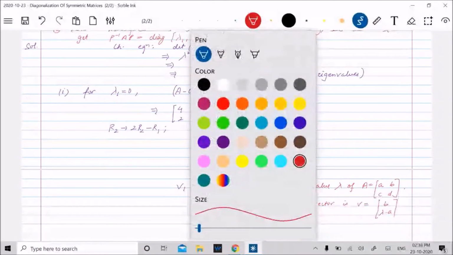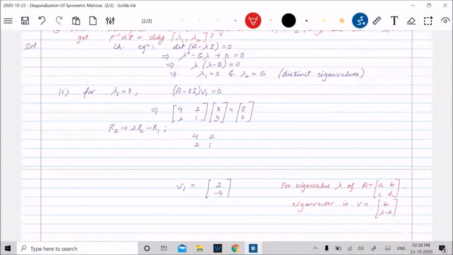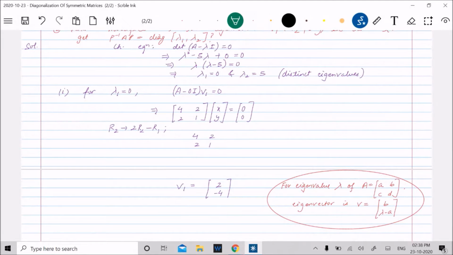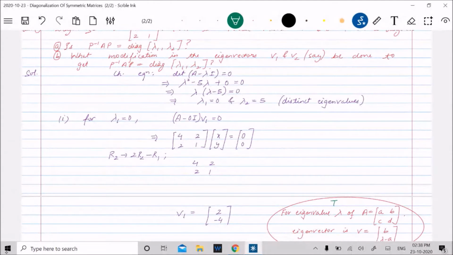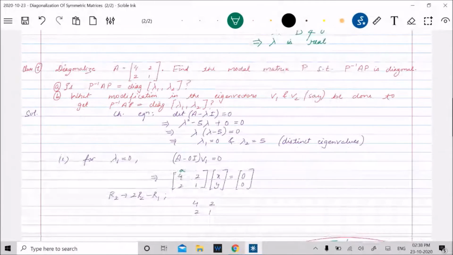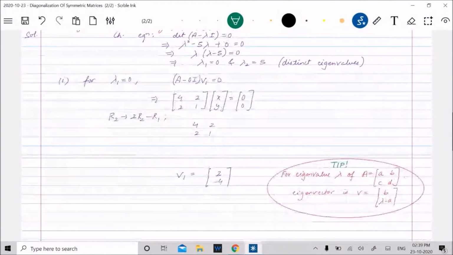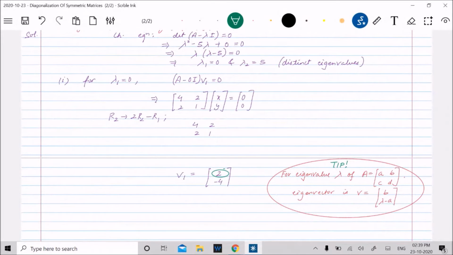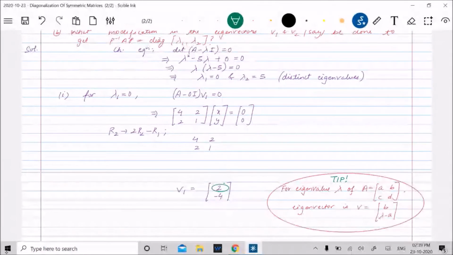Right, so I will just box it. That's why I've used the formula. I know that this is A, and this is my original matrix, and this is my B. So using this formula, I wrote B here, and lambda minus A. Lambda was my 0, and 0 minus A gave me minus 4. Right, this is a shortcut trick.